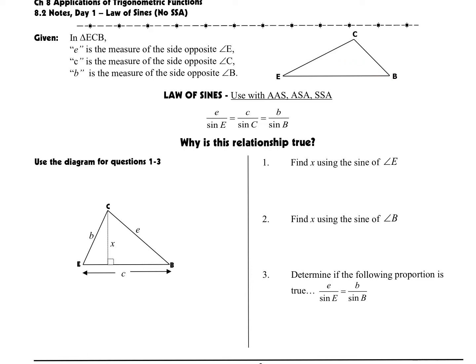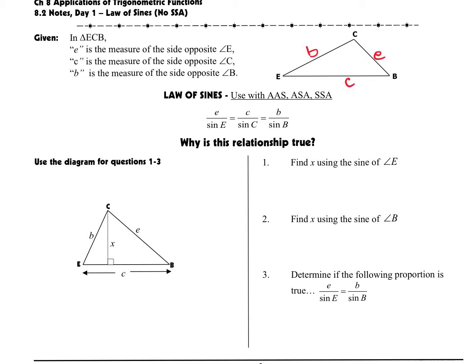So the side across from angle B is going to be marked with a lowercase b, across from angle E will be marked with a lowercase e, and across from angle C in this case would be a lowercase c. Don't worry that these are difficult to tell apart, the capital versus the lowercase, because when the information is given, angles will always be labeled with the degrees and the sides will not.